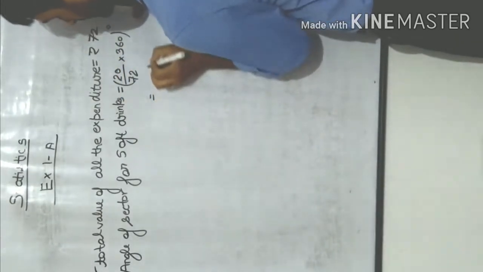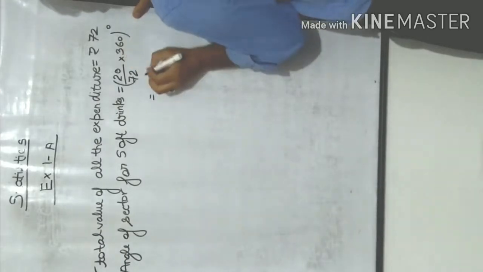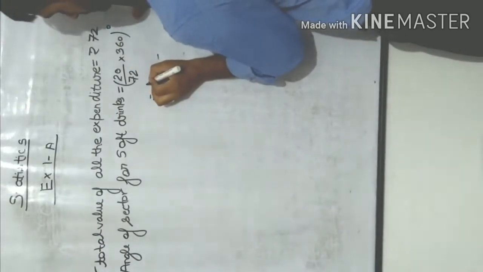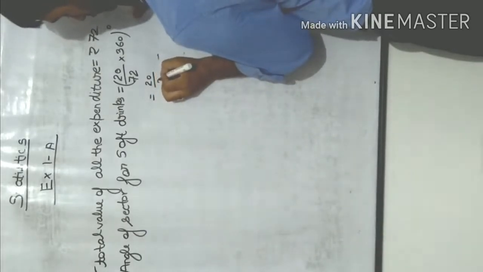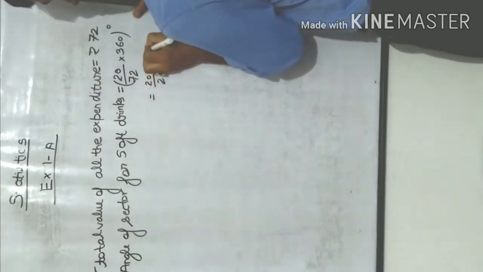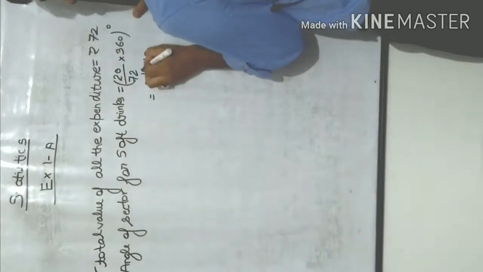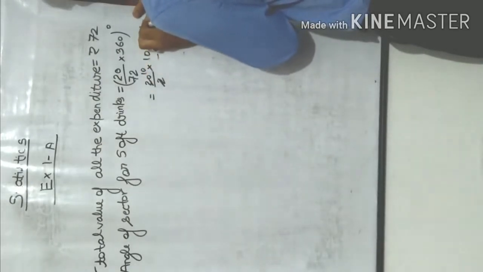So this will be basically 36 twos are, 2 into 10, 2 times the 20, that will be 100 degree.